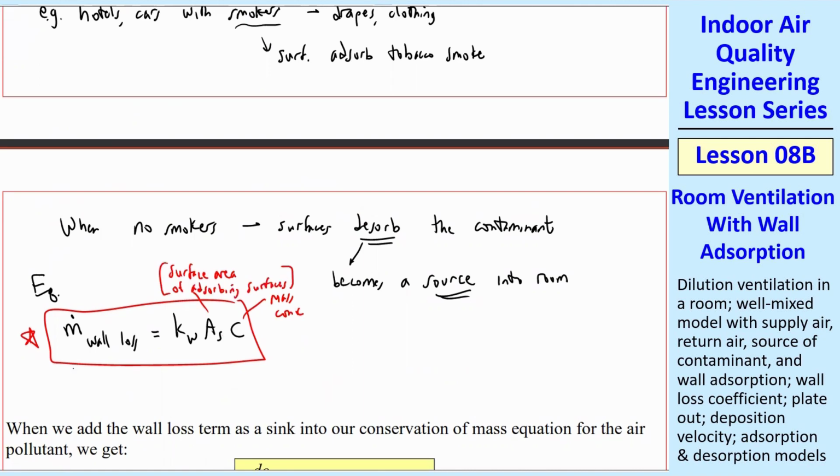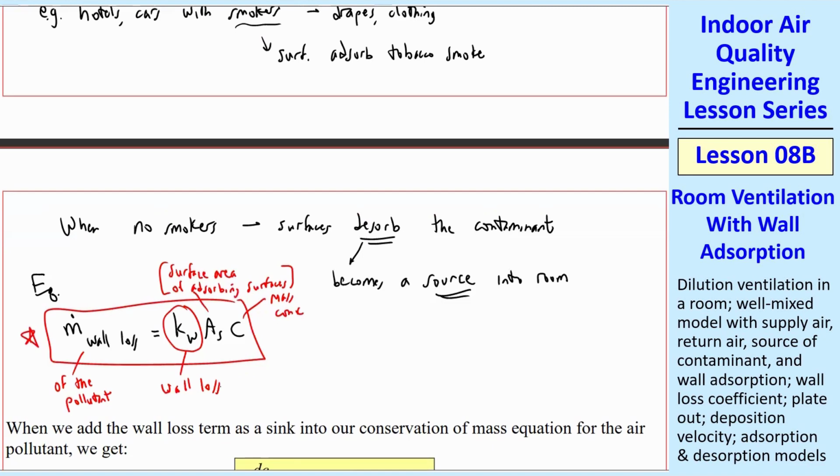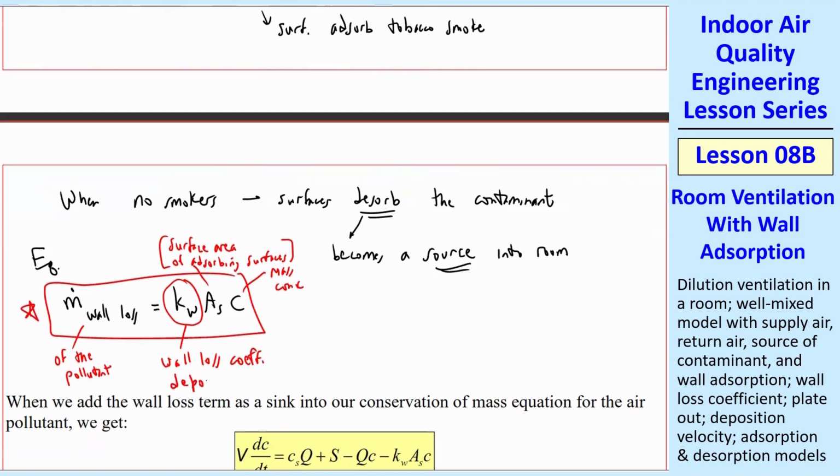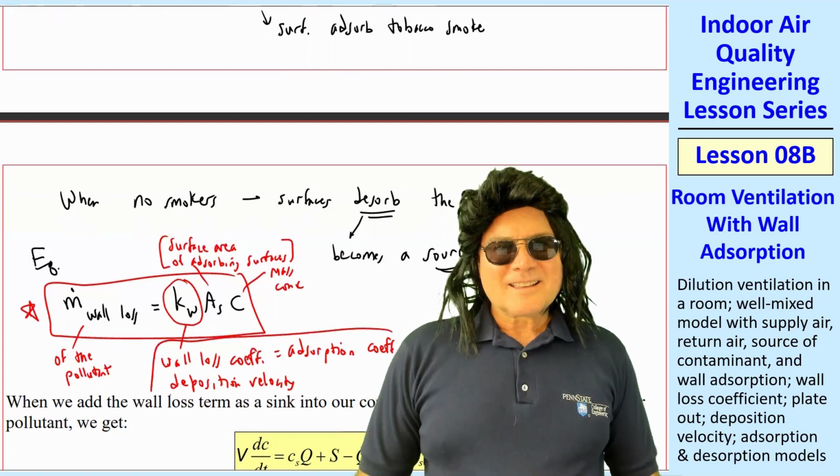And m dot is the mass flow rate of the pollutant, not the bulk air. We're dropping the j subscript that we normally have. And then this kW is the new thing. This is called a wall loss coefficient. It's also called a deposition velocity or an adsorption coefficient. So there are three different names for that. I like to just call it a wall loss coefficient.